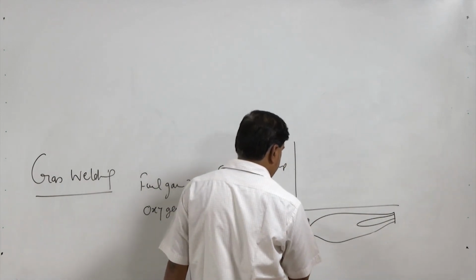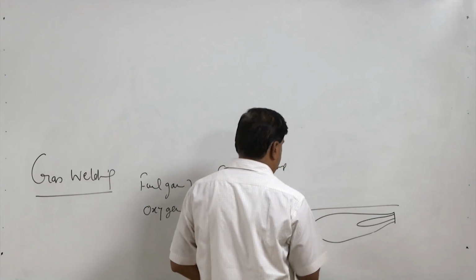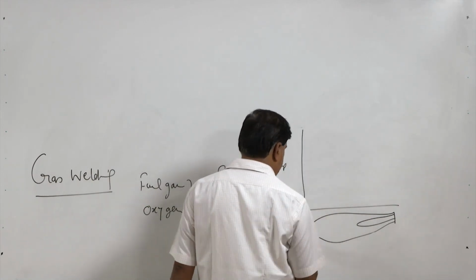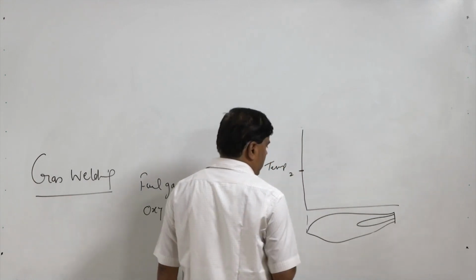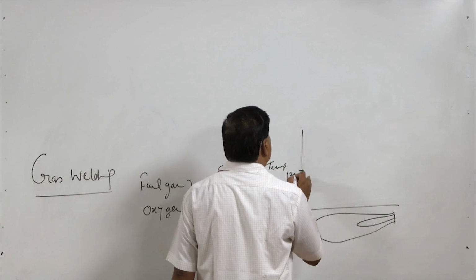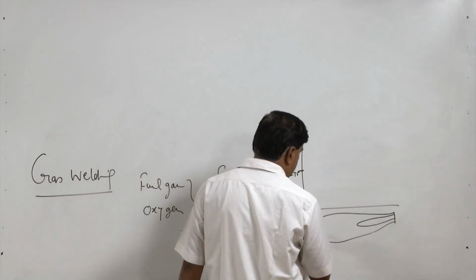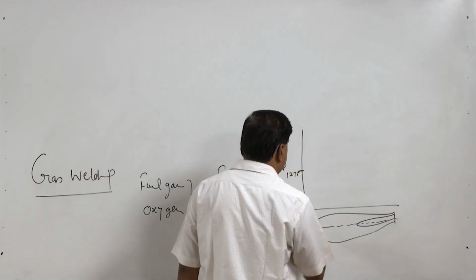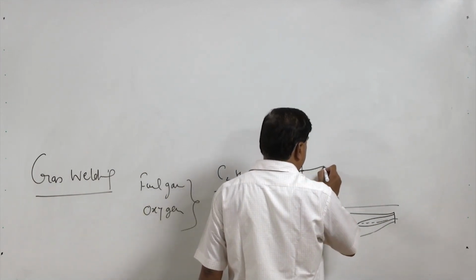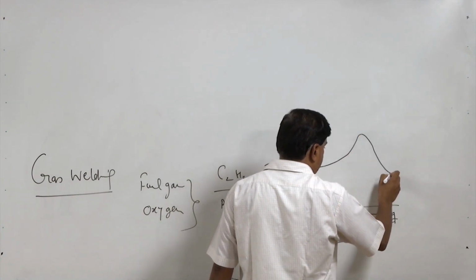Now we can see how the temperature varies. Temperature at this end is about 1275 degree centigrade, and then on approaching towards this along the axis of the flame, the temperature will keep on increasing and thereafter it will start falling down.